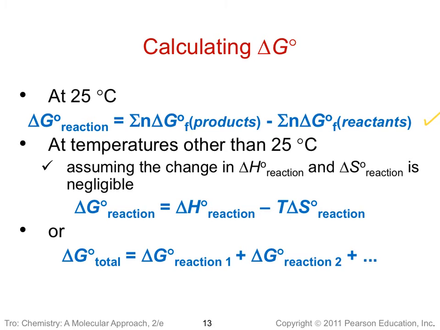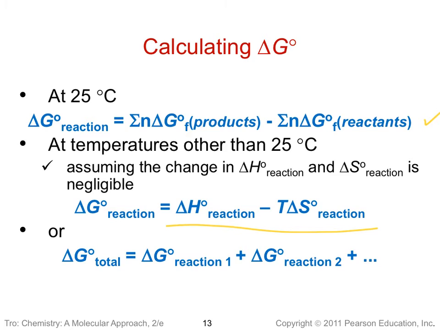Okay, so we can apply Hess's law basically. And there it is: delta G of a particular reaction is equal to the summation of the products minus the summation of the reactants, taking into account the stoichiometry. That's at 25 degrees C. At temperatures other than that, we can again apply the equation and change the temperatures.